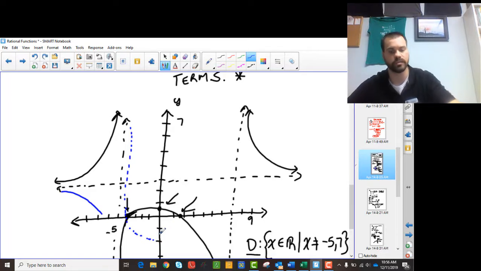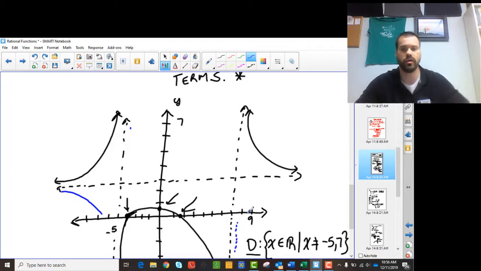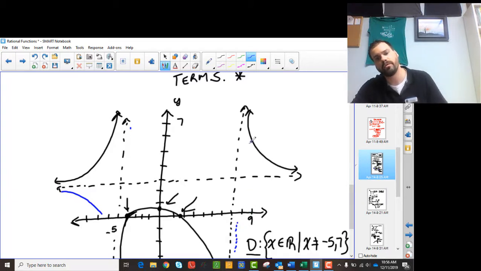So we say that's not possible. So that's why I draw this as I have it here. And then the same reasoning over here, I say it can't be down here because if it comes back up, it's got to hit the x-axis, and it doesn't. So that's how I know it goes this way. All right, and there's my sketch.